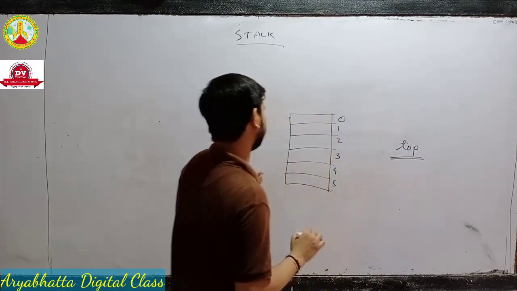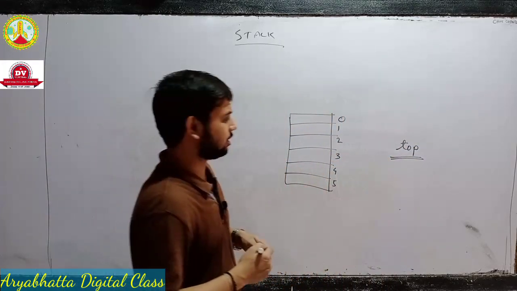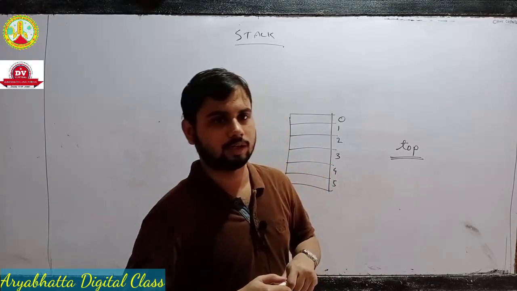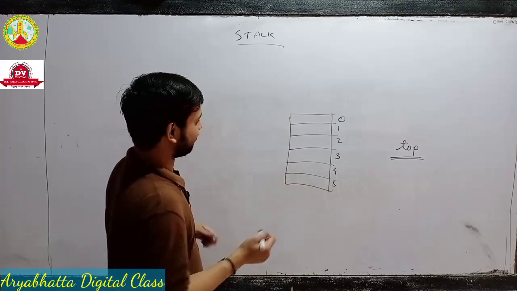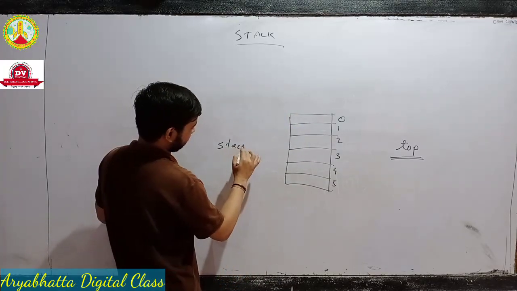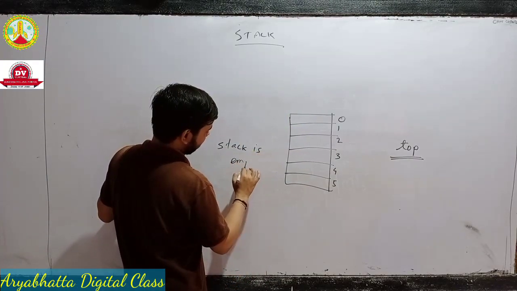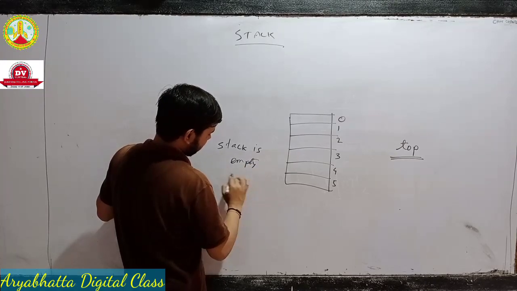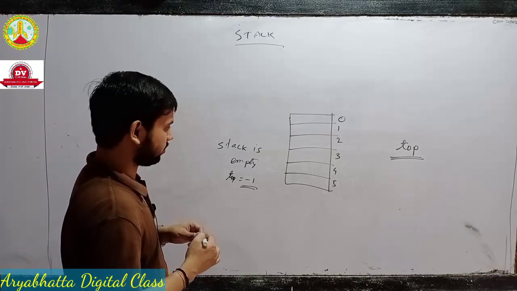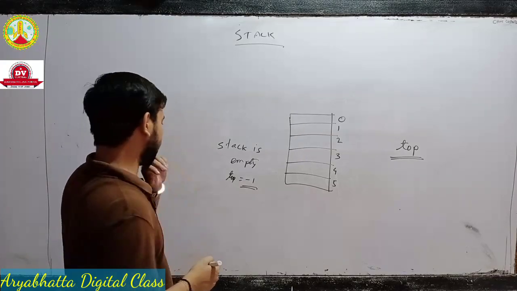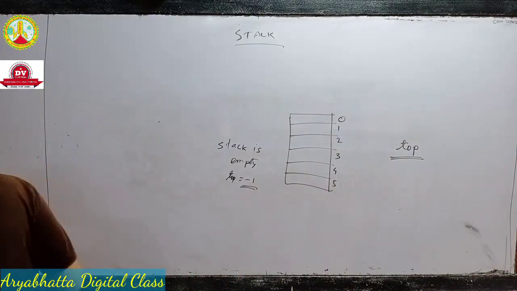Only one end is where insertion and deletion will happen. The end will be called top. Here, when the stack is empty, then top will be what? -1. -1 means your top will be blank, means your stack will be blank.